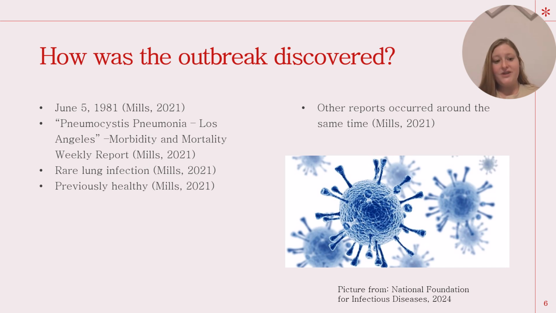It manifested as a rare lung infection in previously healthy men. It was said that they were gay men specifically, but the important thing is that they were previously healthy, and there were other reports that occurred around the same time. Other people were seeing similar things happen in previously healthy men.